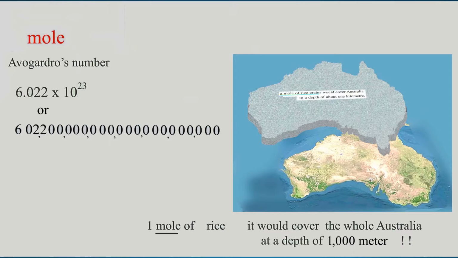So you will cover all the mountains. So you can see how big this number is. And students may think, wait, why do we have this gigantic number to measure atoms? Now let's go further and I'll explain.